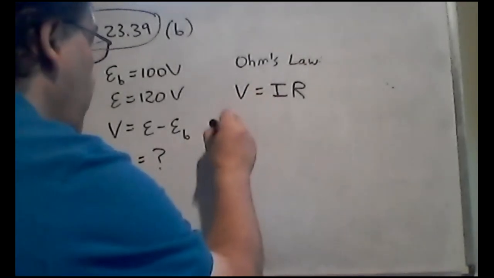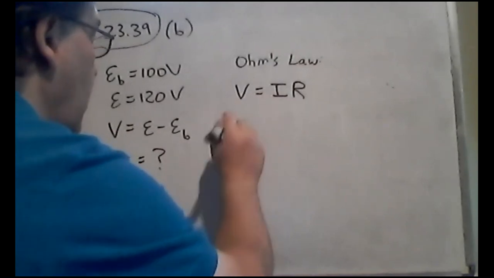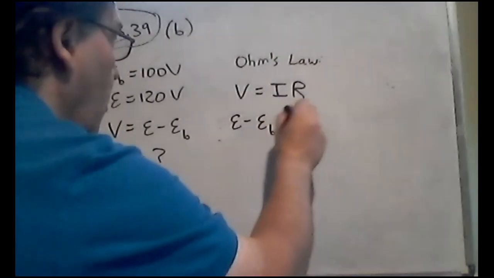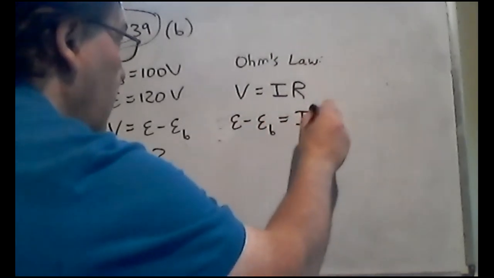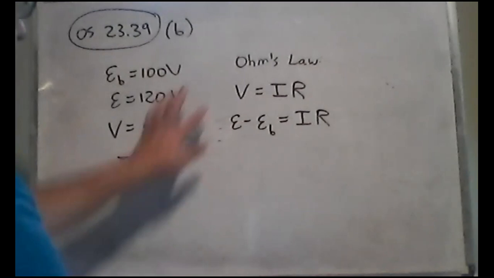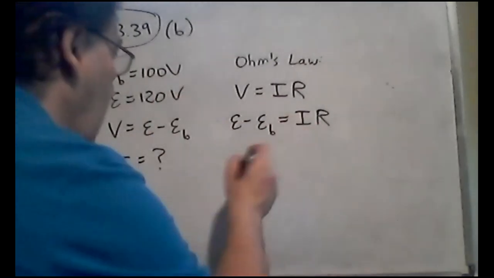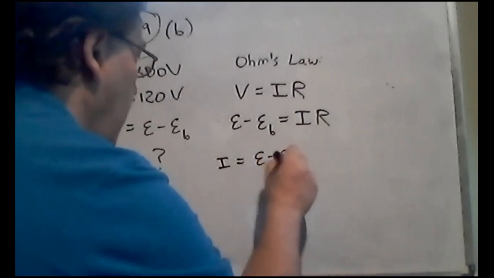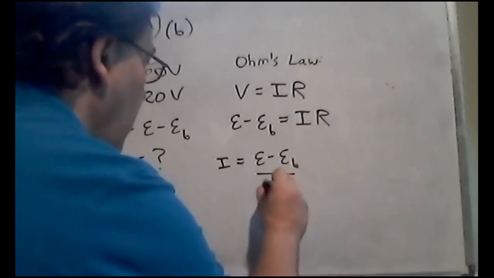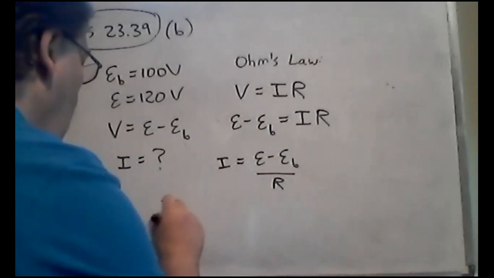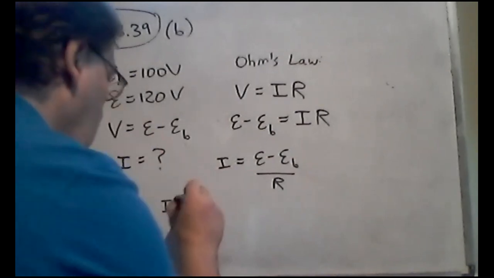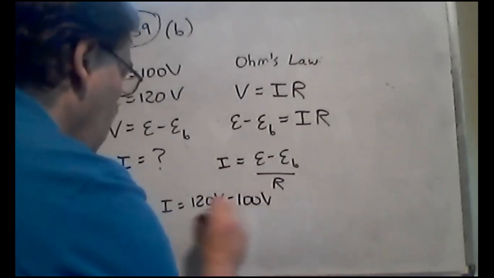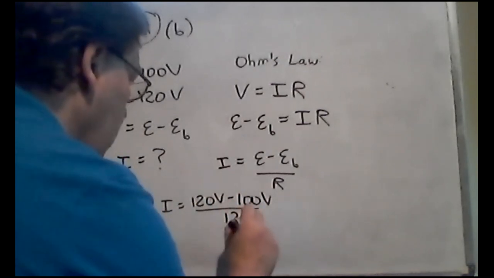V is epsilon minus epsilon sub B, the fully developed back EMF. Now I solve for I. I becomes epsilon minus epsilon sub B, all divided by R. Or I is simply 120 volts minus 100 volts divided by 12 ohms.